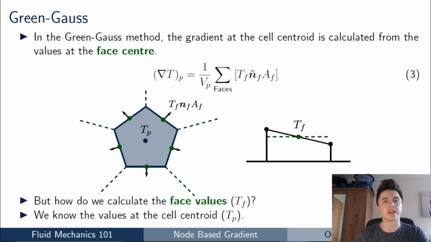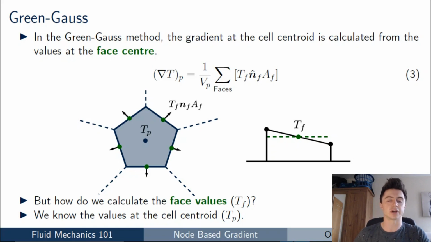Now, this is the Green-Gauss scheme in general, and what you can see here is that we have a method of computing the gradient at the centroid of the cell. However, we need to know what the face values of the temperature field are, so TF. Once we know the face values, we can substitute them into the formula and then calculate the gradient. So we need a method of calculating the face values from the centroid values, because we know what TP is.